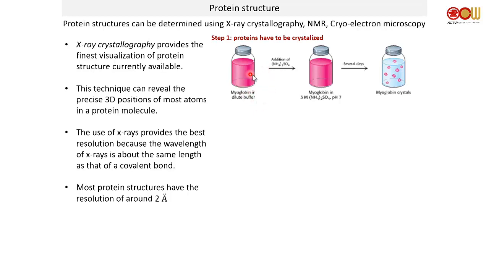Now, first, you add some kind of salt solution, and you let the salt solution and your protein incubate for a long time, and then gradually your proteins will precipitate, aggregate together, and form a crystal structure. So you'll get a protein crystal.